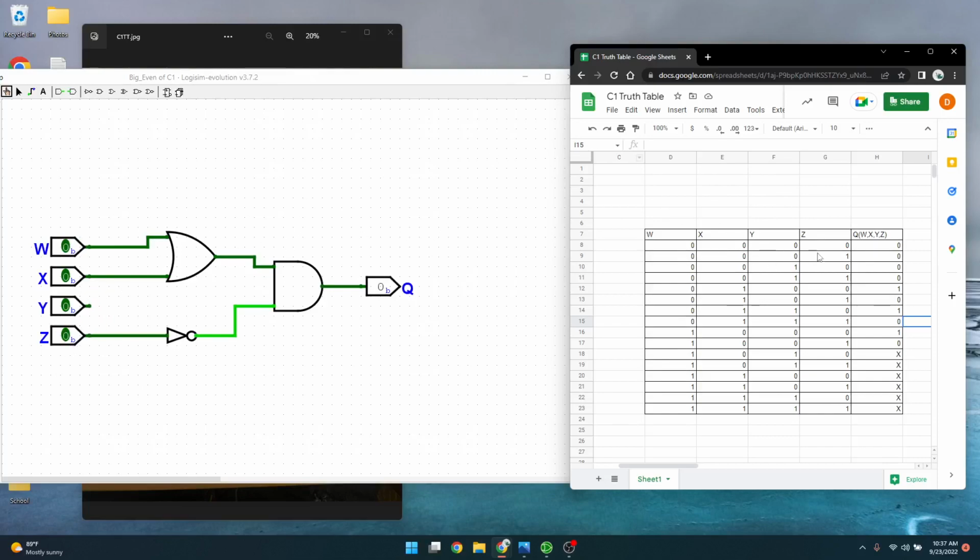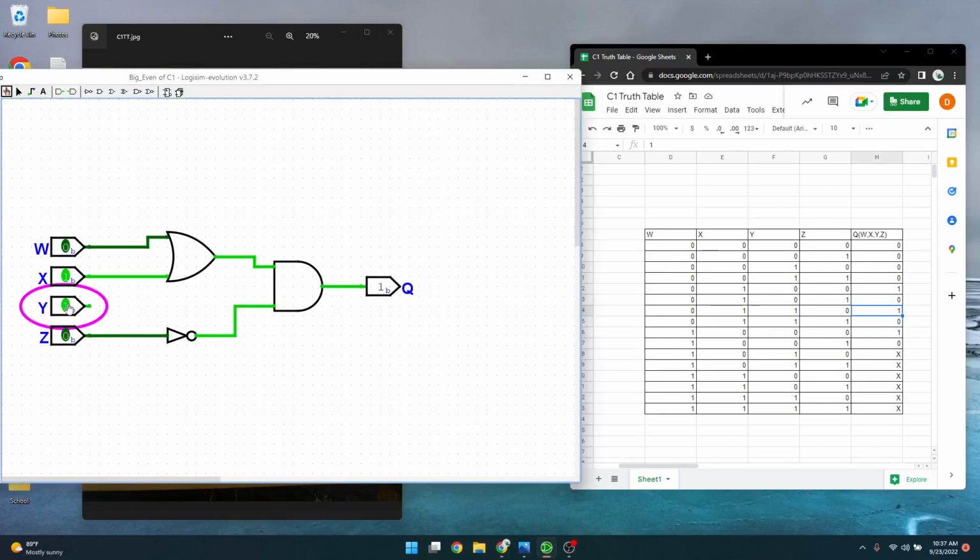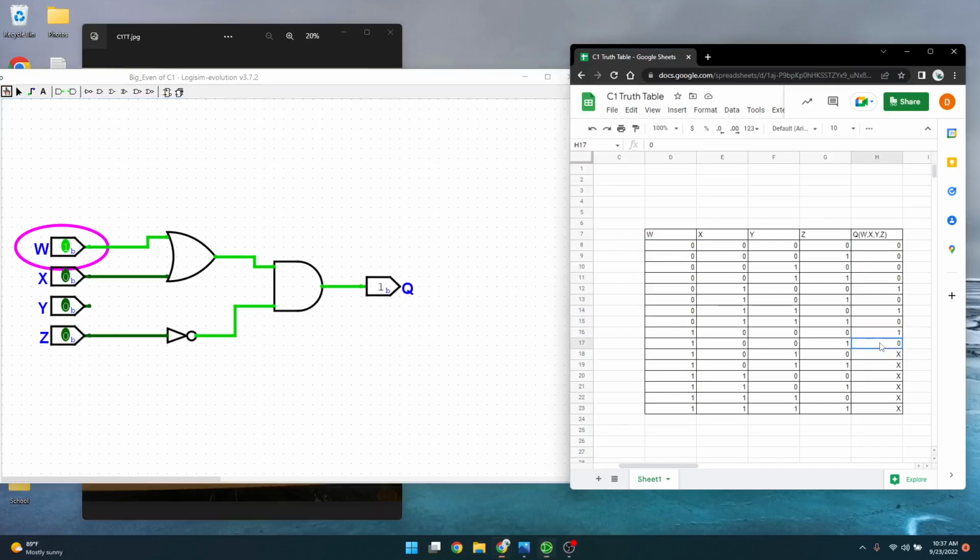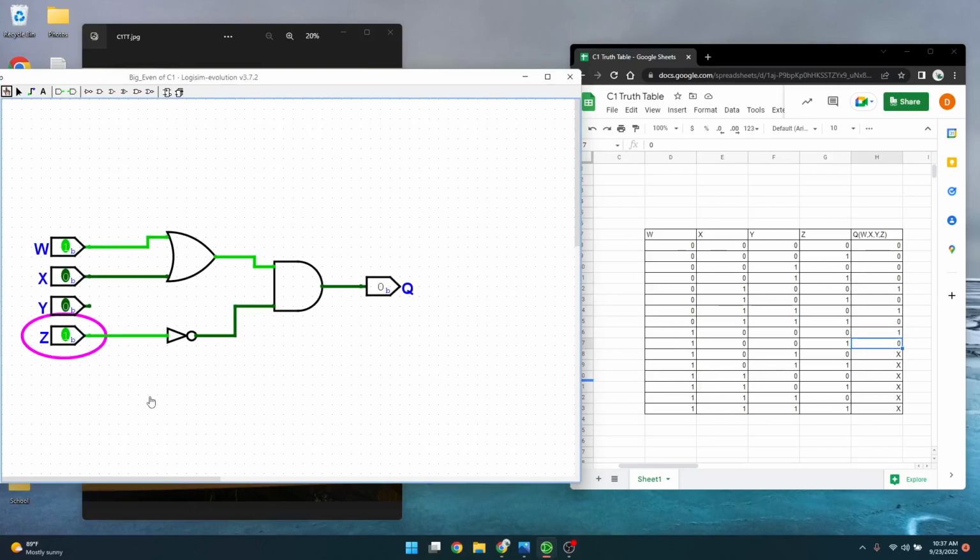For 0, 0, 0, 1, outputs 0. 0, 0, 1, 0, outputs 0. 0, 0, 1, 1, outputs 0. 0, 1, 0, 0, outputs 1. 0, 1, 0, 1, outputs 0. 0, 1, 1, 0, outputs 1. 0, 1, 1, 1, outputs 0. 1, 0, 0, 0, outputs 1, and 1, 0, 0, 1, outputs 0. So there you go. And of course, all these others are irrelevant.